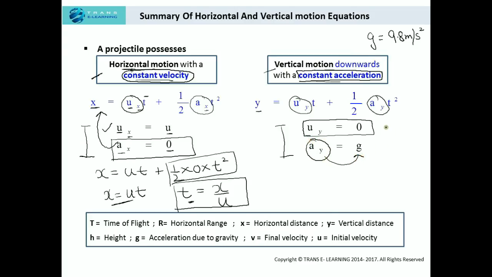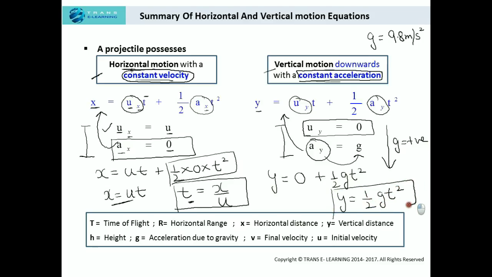I am taking the downward direction of gravity as positive. So if we substitute these 2 values in this equation, we get y equals 0 plus half g t square. So y will be equal to half g t square. Using this equation, we can find the vertical distance and the time of flight.